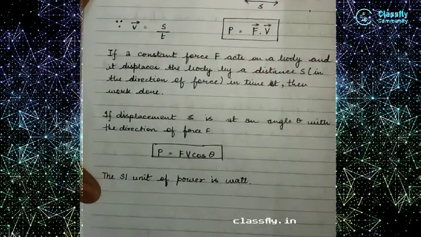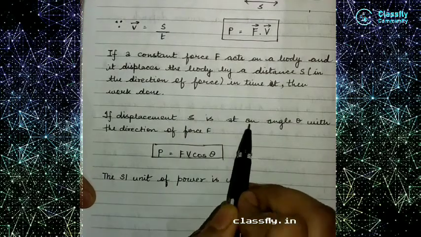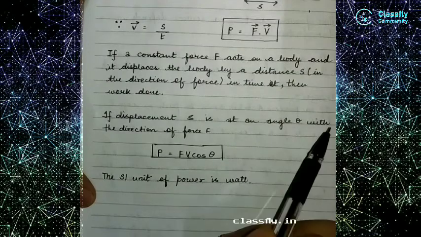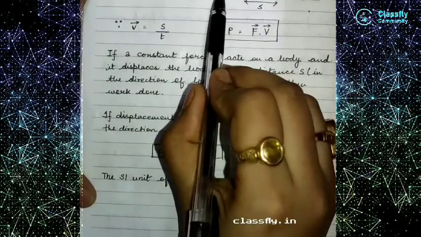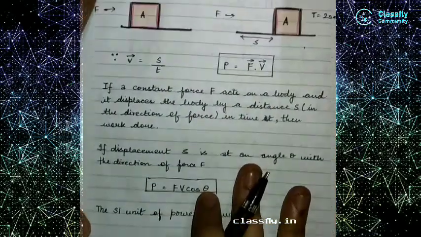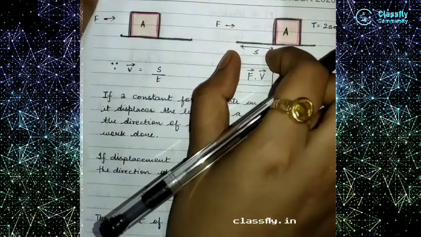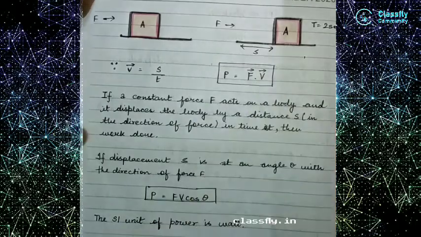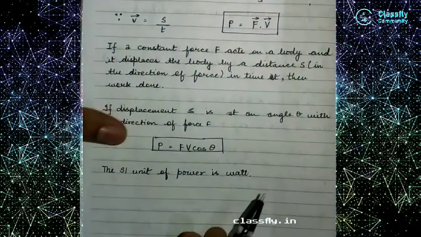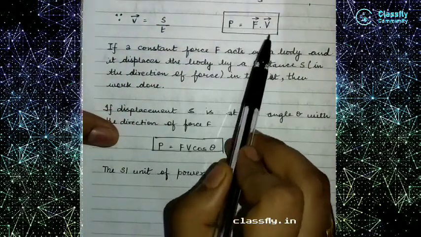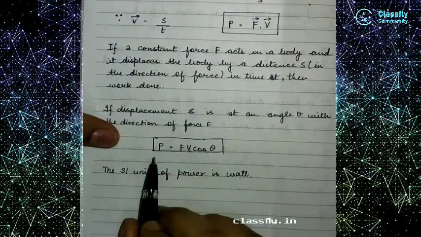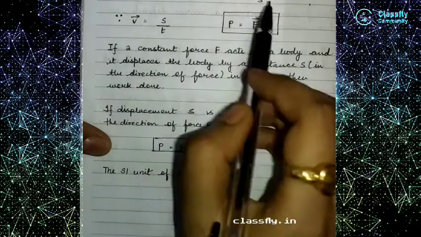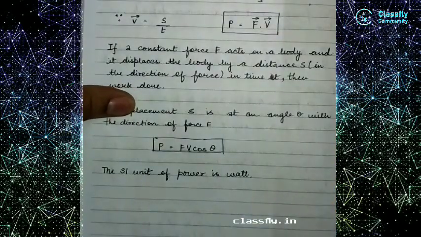Think that if a displacement s is at an angle theta with the direction of the force, then we can simply say that P equal to F dot V can be written as P equal to Fv cos theta, because it is a dot product.